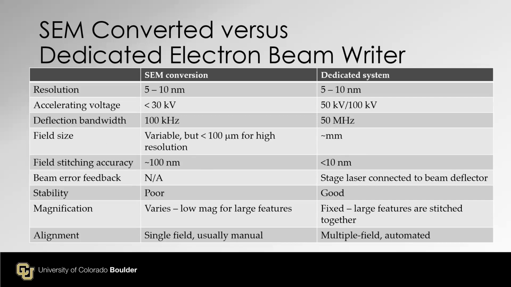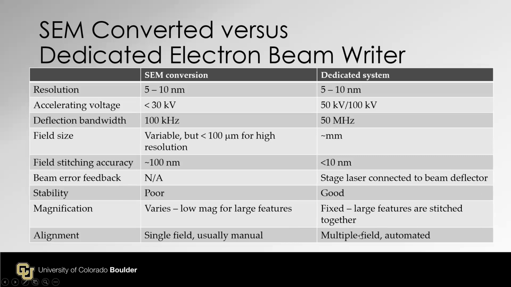Beam error feedback, that's a special feature for the dedicated system. Stability of the column, good for the dedicated system. SEM conversion: SEM is not designed for stability, so it's not important here.